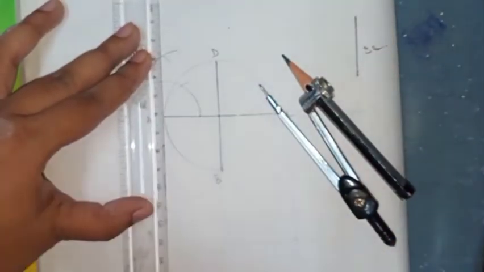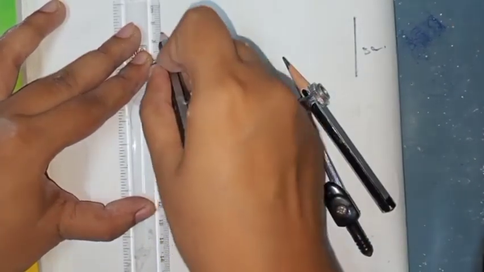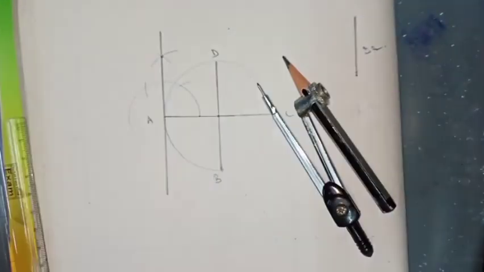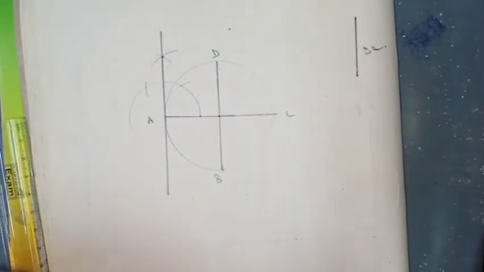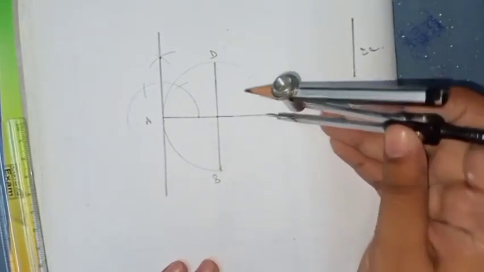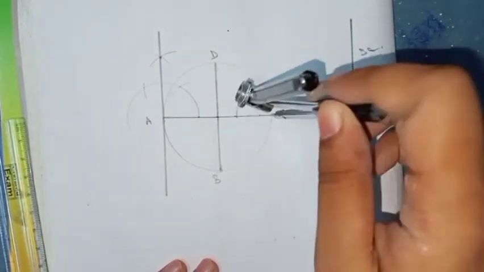So from this point you will draw one 90 degree. Understood? Same thing you will do at each one. One by one I am showing you. From C point first I am showing you.